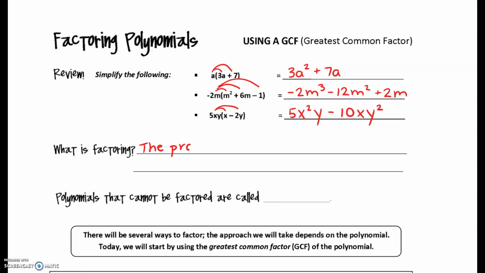We are going to be learning about the process of separating a polynomial back into a product.